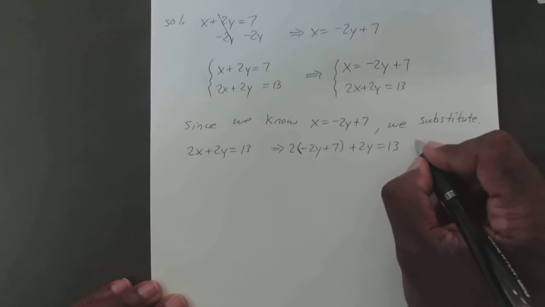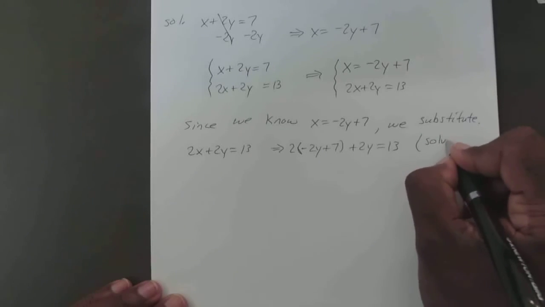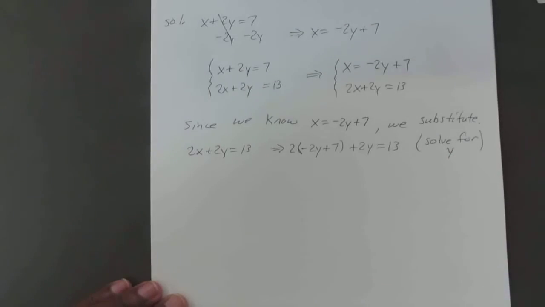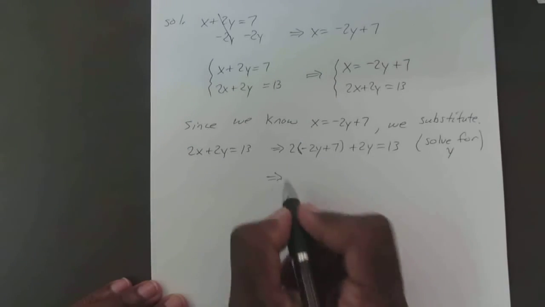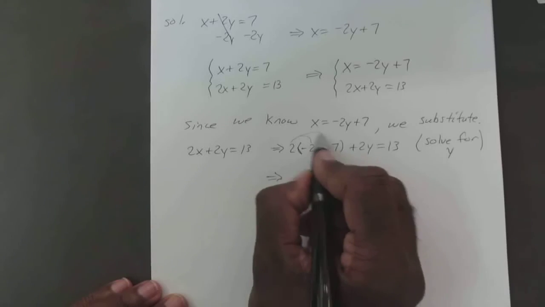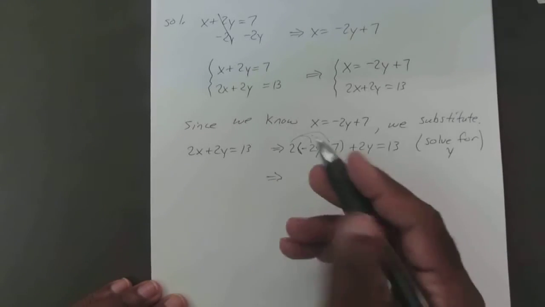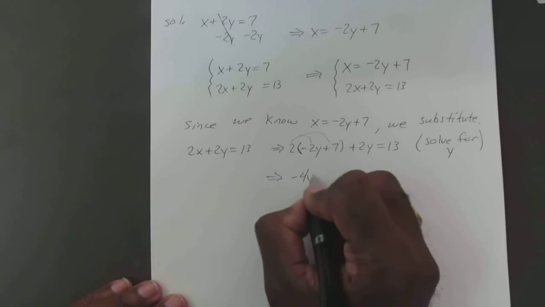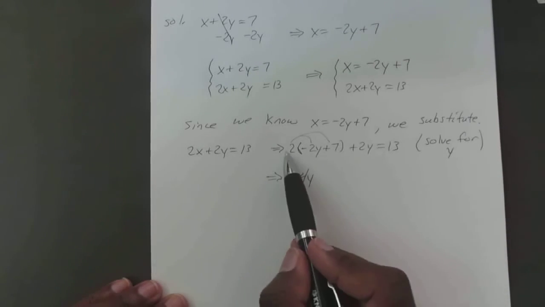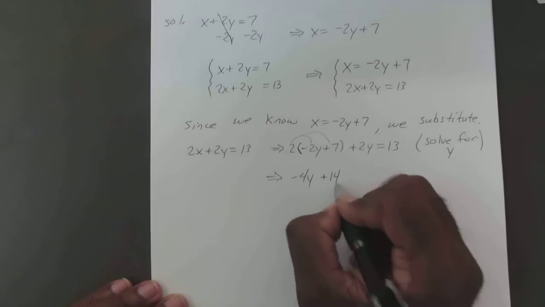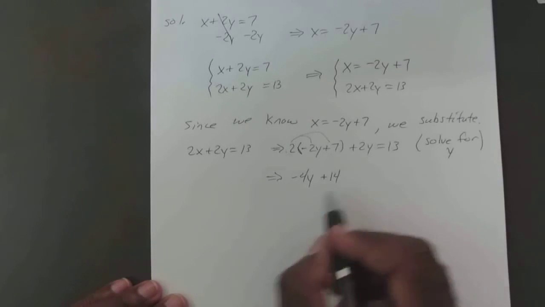Okay, so now once we get rid of it, we just solve for y. First thing we do is distribute to get rid of those parentheses. 2 times negative 2 is negative 4, so we have negative 4y. 2 times 7 is 14, so plus 14.